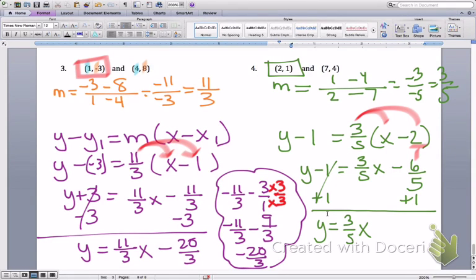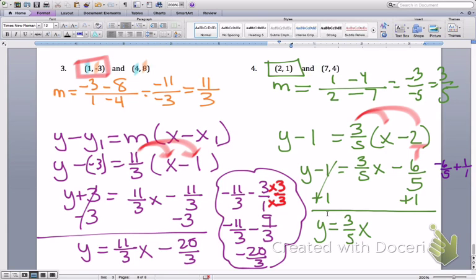And now we're going to combine negative 6/5 with 1. So we've got to get common denominators just like we did earlier. I'll do it here on the side: negative 6/5 plus 1, and I'm going to put it over 1.